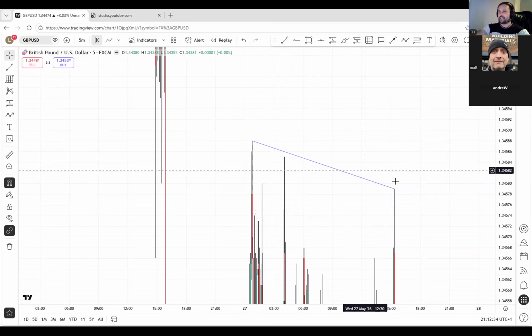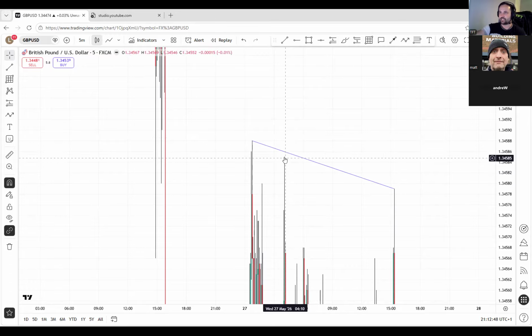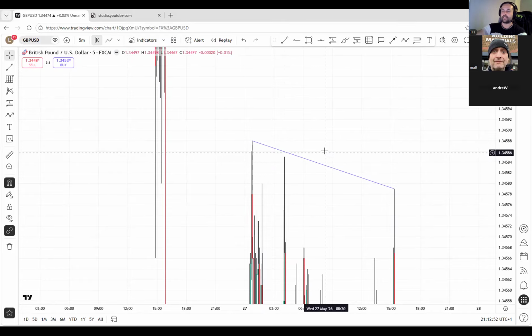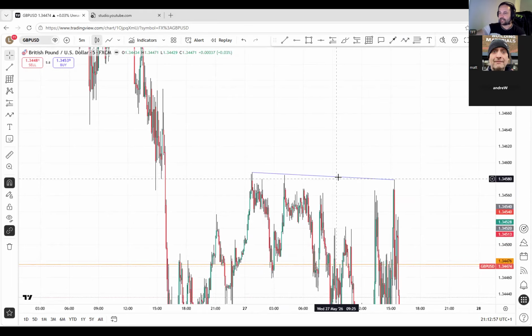Now, if I presented this trend line to you and said, "Is this a trend line?" you'd go, well, it's fairly close, but that shows that there's uncertainty because it's not perfect. It's the same the other way. If this middle touch was slightly past, you'd be like, well, it could be, it couldn't be. But the reason why I want them to be perfect, I'm going to delete that now anyway, just so I don't get confused by it.